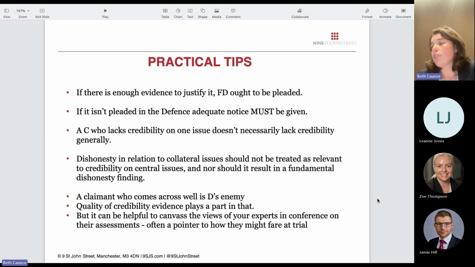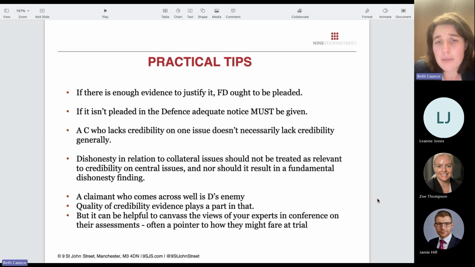So those are the themes that I wanted to go through, and I just wanted to finish off by trying to draw together some of the takeaway points that I've been referring to as we've gone through. Firstly, in terms of pleadings, if there is enough evidence to justify it, FD ought to be pleaded. If it's not, adequate notice must be given.